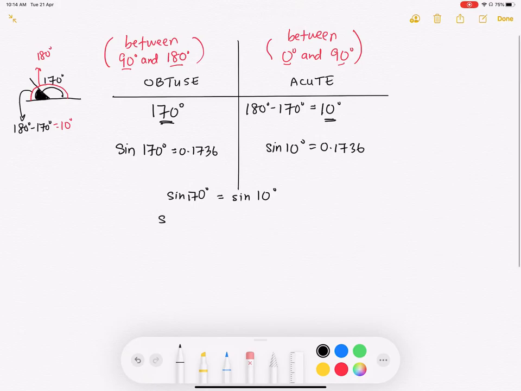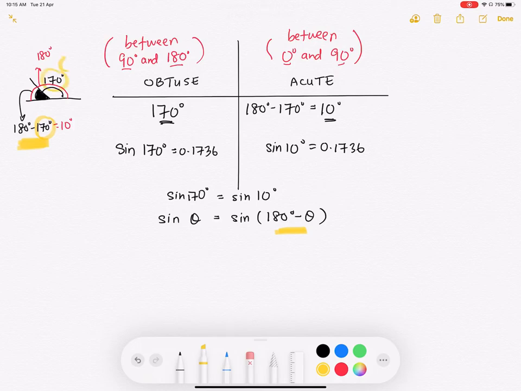And we can simplify this as a general formula here, that sine theta is equal to sine of 180 degrees minus theta. So this 180 degrees is taken from here. We already have 180 degrees minus 170 as theta.